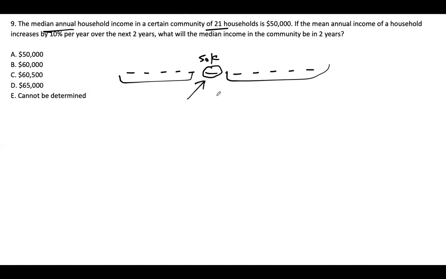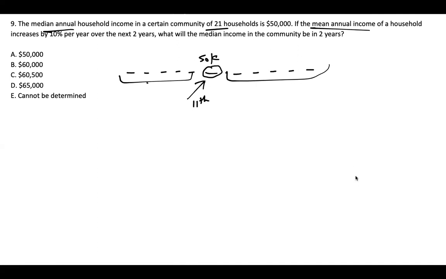Alia, can you explain this question? Yes, sir. The median annual household income in a certain community of 21 households is 50K. Median is 50K, and 21 households, so what will be this value? 10 values to the left, 10 values to the right, so this will be the 11th value.